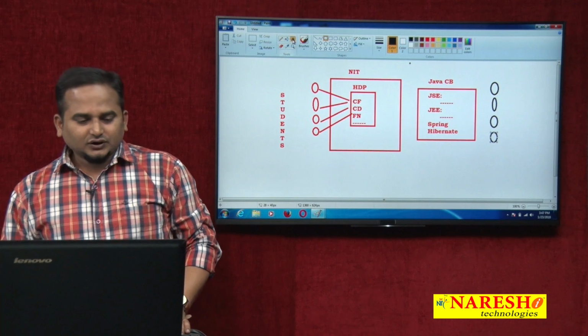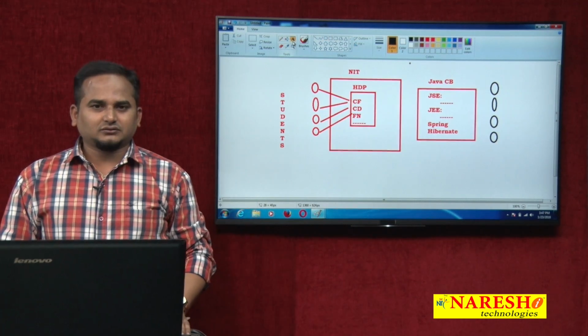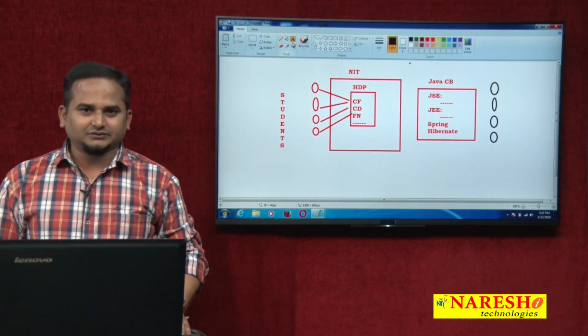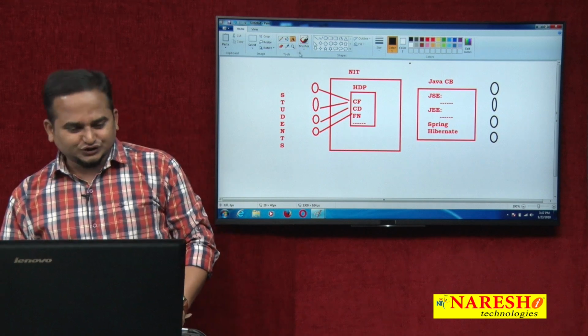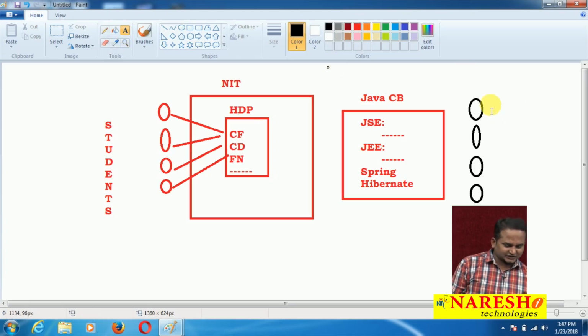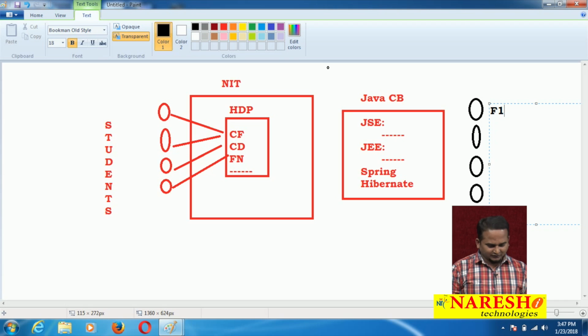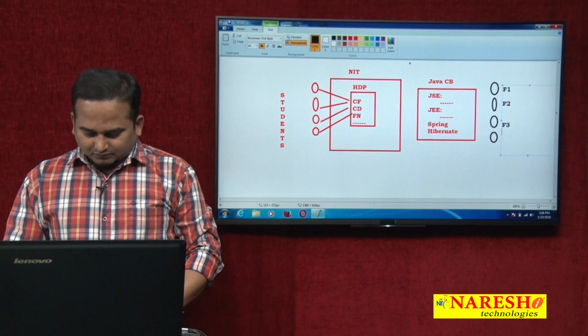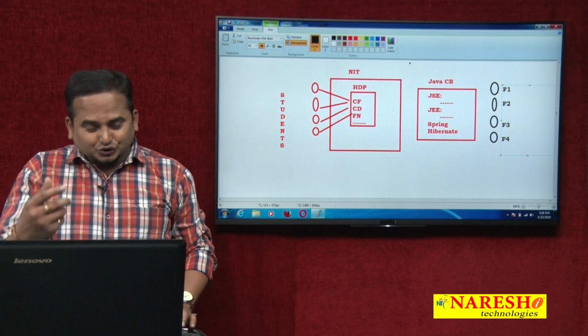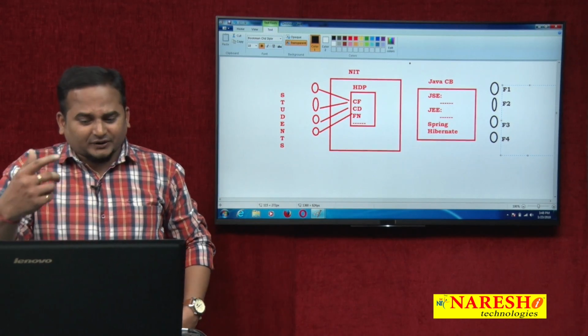Now, if there is no course brochure maintained by Naresh IT, then what happens? Assume there are 4 faculties here, faculty 1, faculty 2, faculty 3 and faculty 4. But assume Naresh IT is not maintaining an appropriate course brochure.